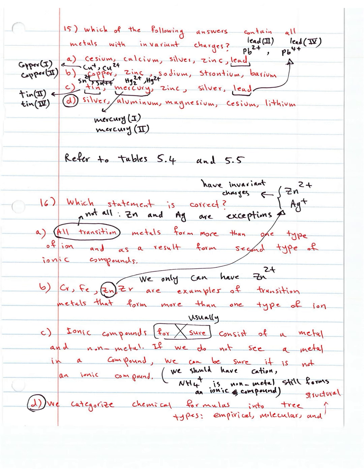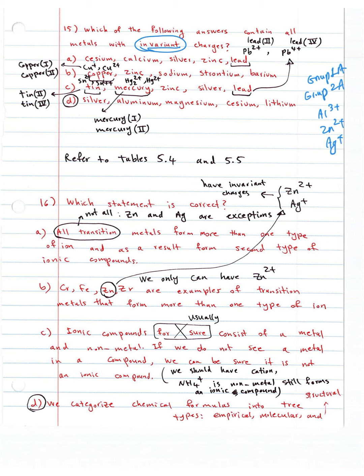Which of the following answers contain all metals with invariant charges? Remember, just remember variant, basically, okay, with invariant charges. So you had group 1A, group 2A, basically alkaline earth, and then aluminum, zinc, silver.